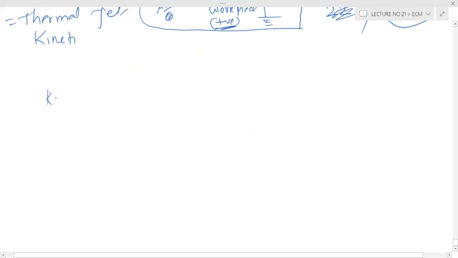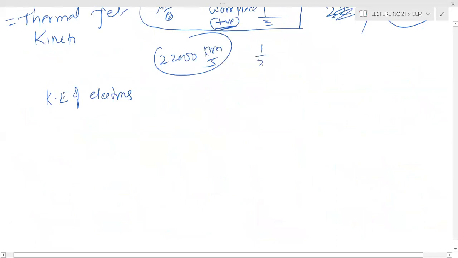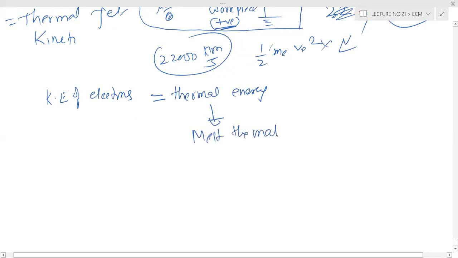The kinetic energy of electrons, with velocity of 22,000 kilometer per second, is half mass of the electron times velocity squared, multiplied by the number of electrons. That kinetic energy is converted into thermal energy, and this thermal energy is used to melt the material. So the mechanism or principle is melting and evaporation.